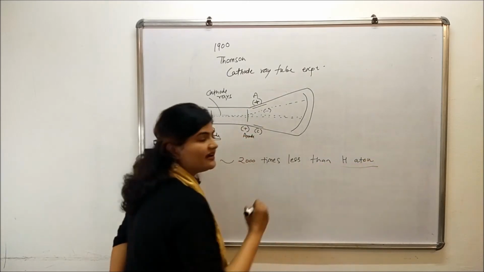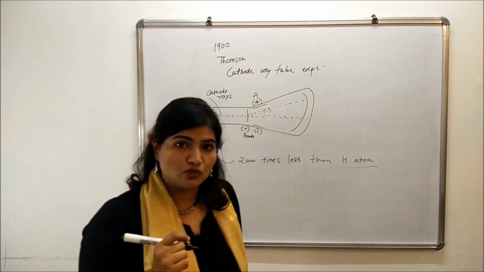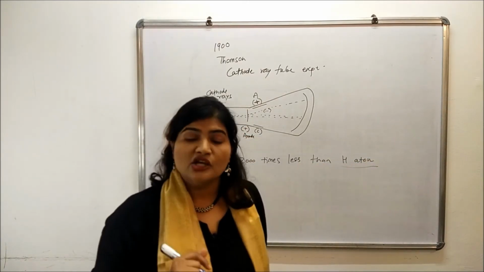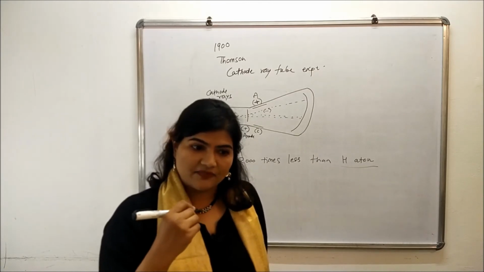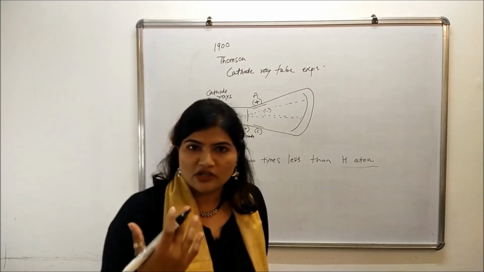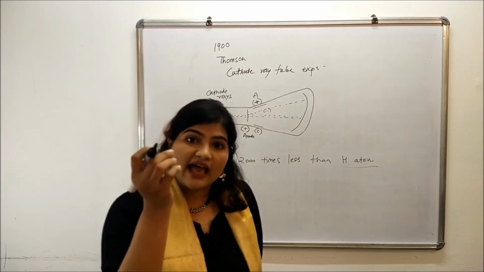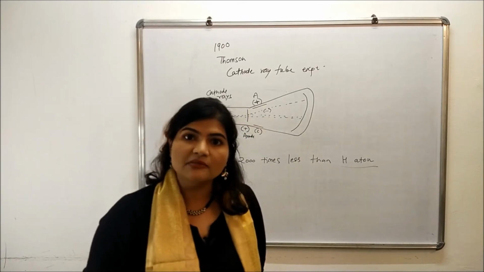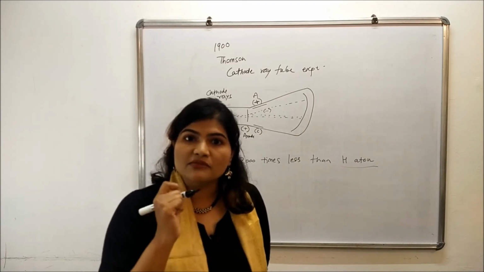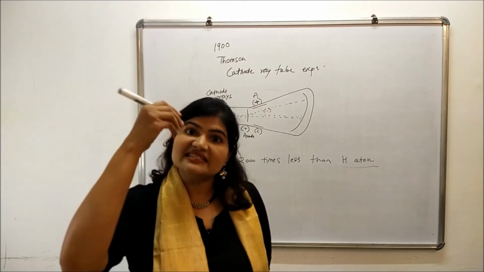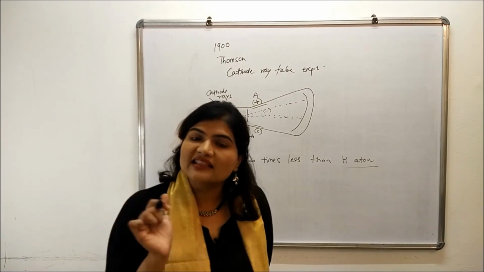Now the hydrogen atom was the smallest atom known at that time and even today. So if a particle originating from a particular electrode or element has mass so much less than even the smallest known atom, it means that particle must be present inside the atoms of other elements.